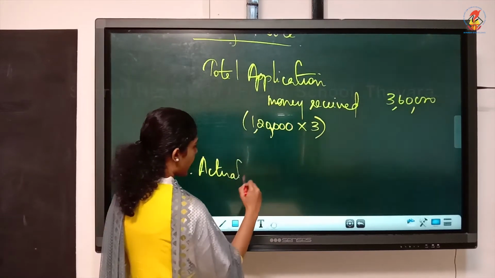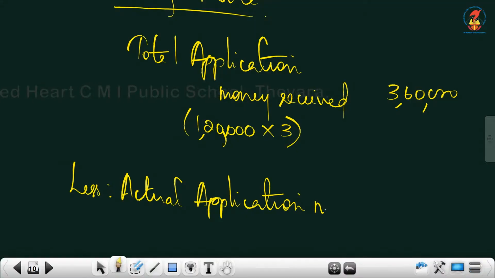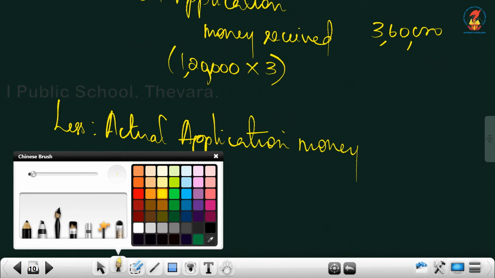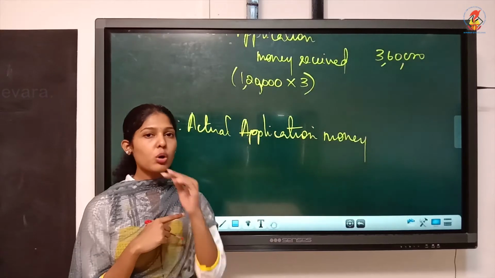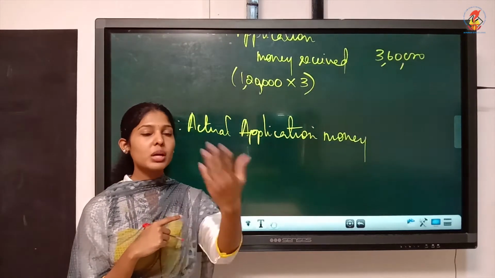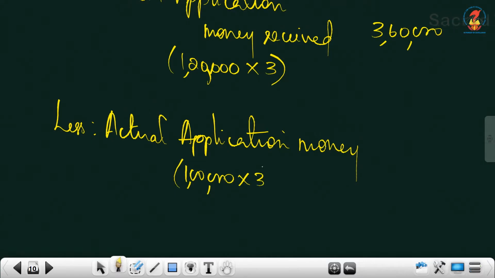Less actual application money. Actual application money we will get on, is it on 1,20,000? Actually, you need to collect the money only on 1 lakh because you have issued only 1 lakh shares. So the actual application money is 1 lakh into 3, that is 3 lakhs.